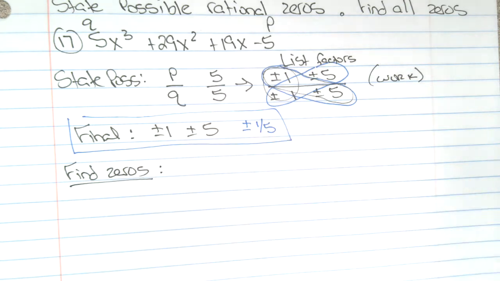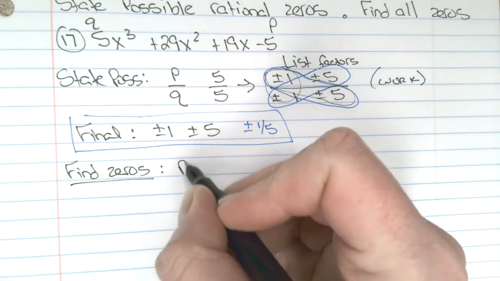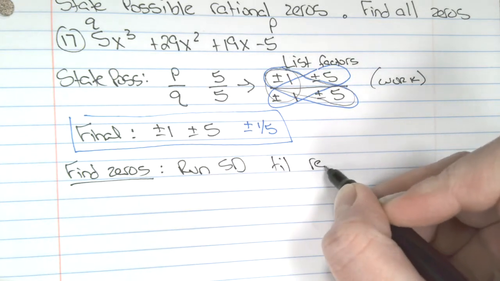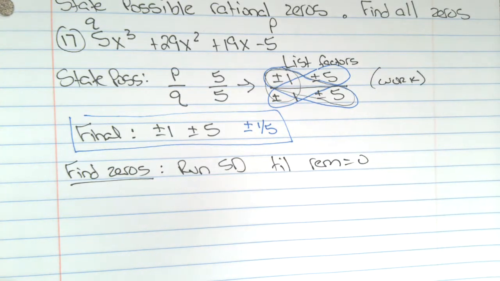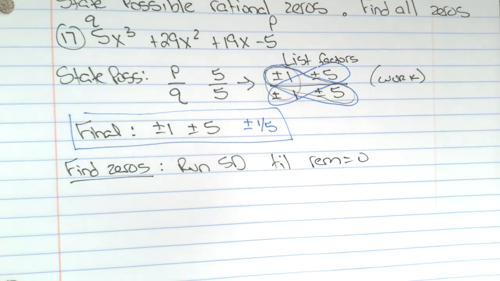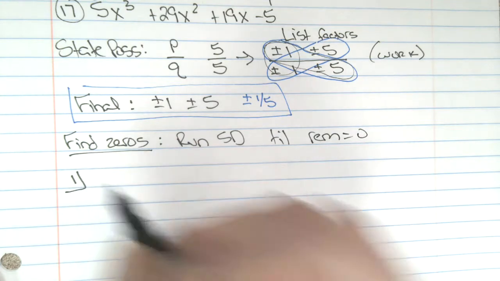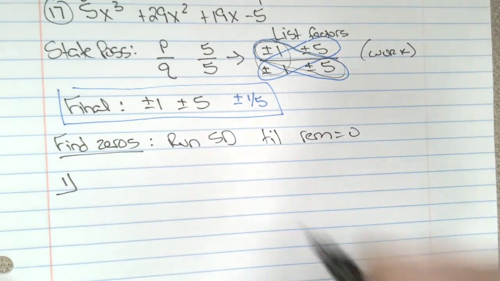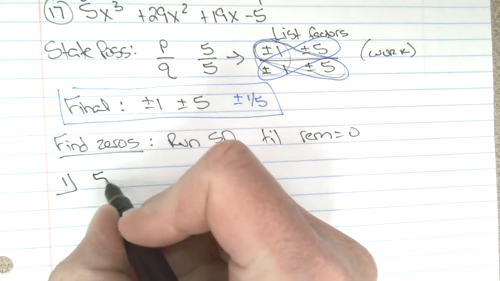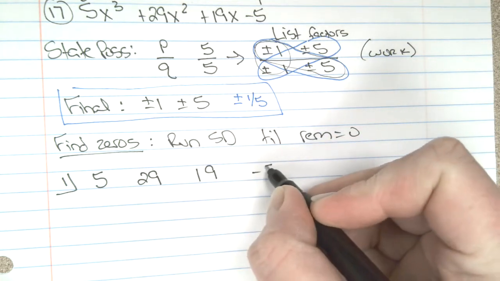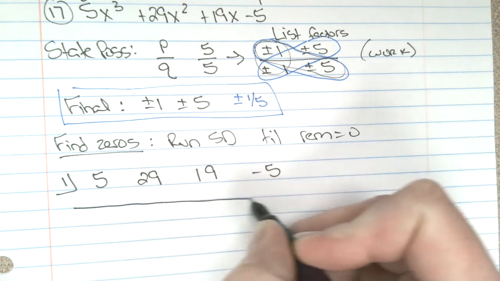Now I need to find the zeros. So my plan is I'm going to run synthetic division till I get a remainder of 0. So I'm going to start in order. I'm going to start with 1. And my coefficients are 5, 29, 19, and negative 5.